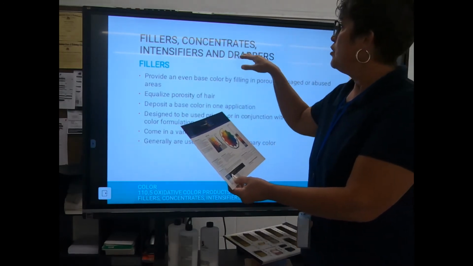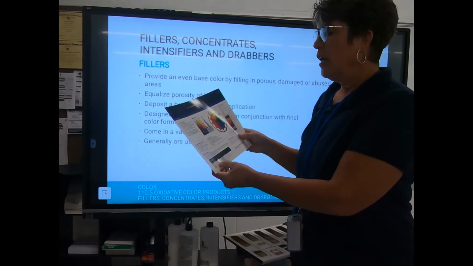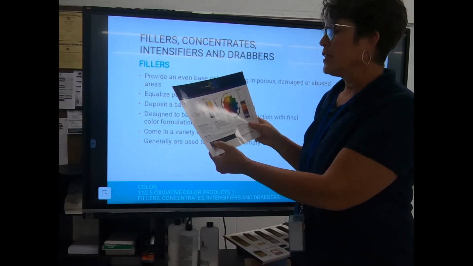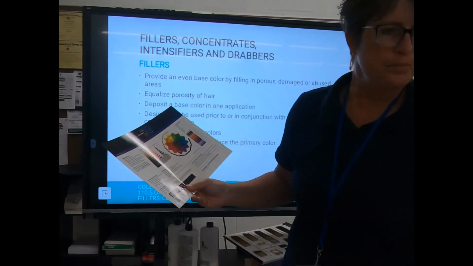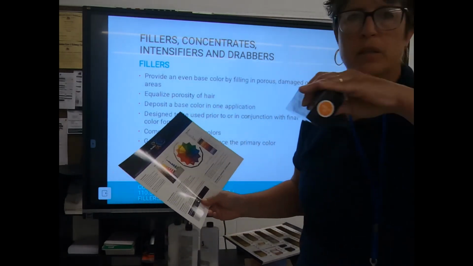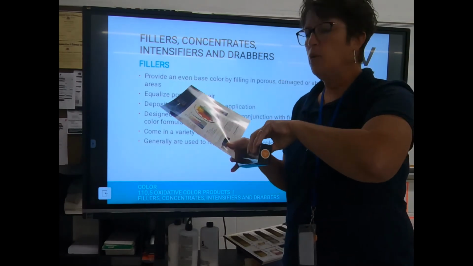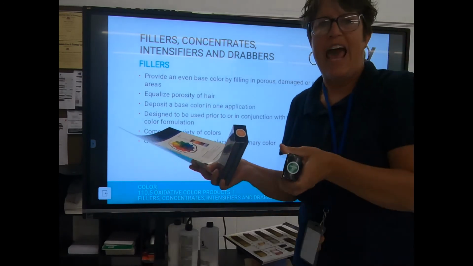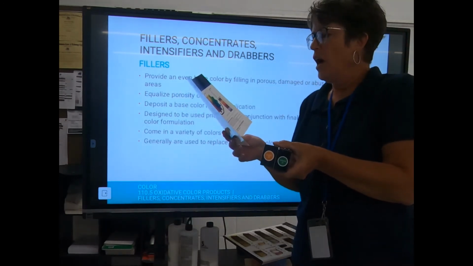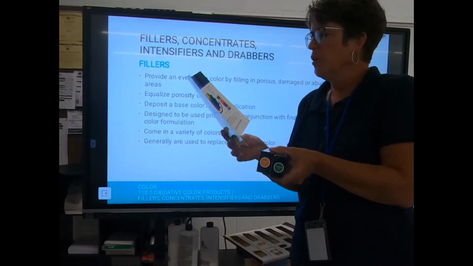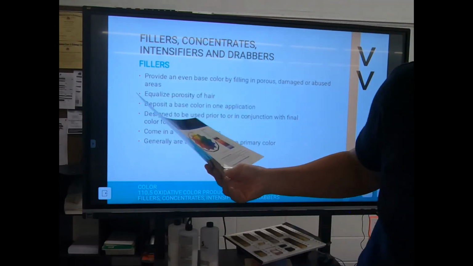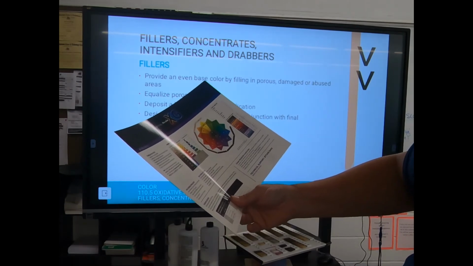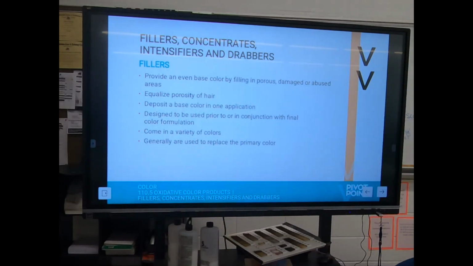Okay, then there's drabbers, which could be a neutralizing shade. So it says, well, your intensifiers are yellow, gold, this one, green or matte. Okay, so you can intensify the ashiness of a color. Orange, blue, red, and violet. So everything that's left here, okay?